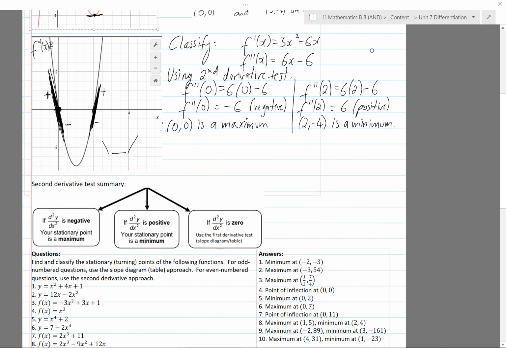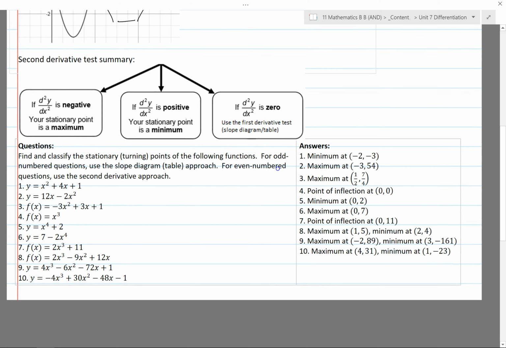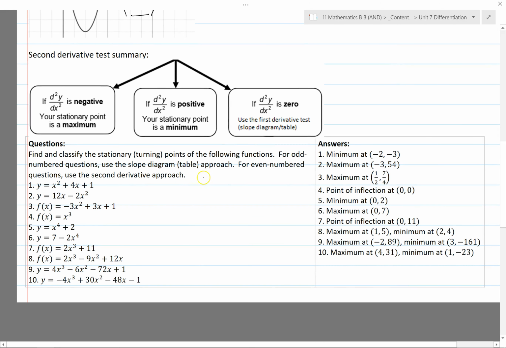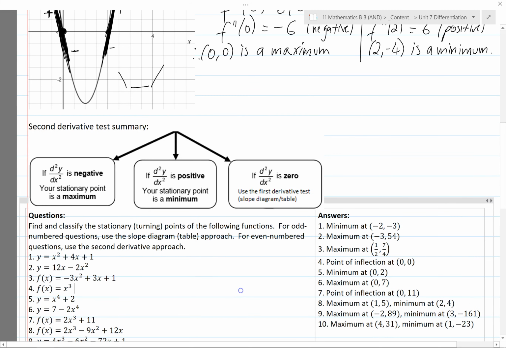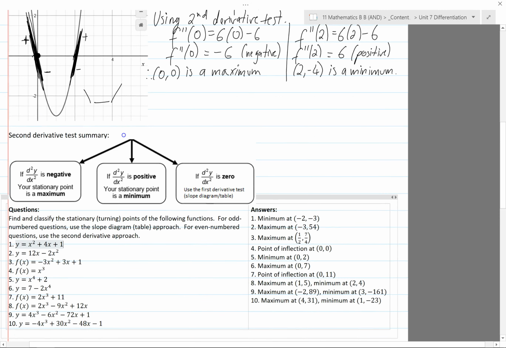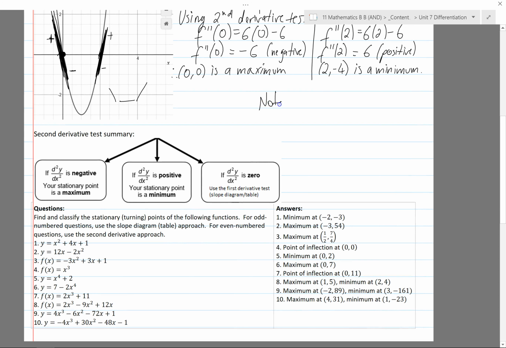Okay, from here, I want you to have a go at these questions at the bottom. Do the odd numbered questions using the first derivative test and the even numbered ones using the second derivative test, so you get a bit of variety in both. Also remember our notation: if I've got f of x, it goes down to f dash of x for the first derivative and f dash dash of x for the second.